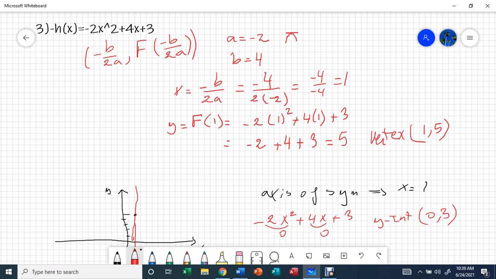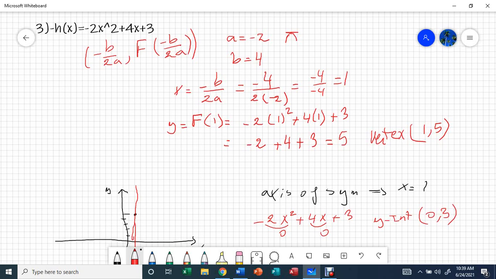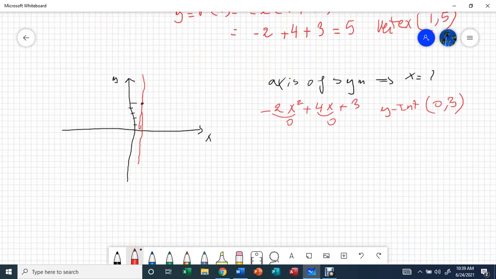So now we can graph our function. 0, 3 is 1, 2, 3, so this point. So something like this, and it's symmetric about x equals 1, and it's up and down as you can see.